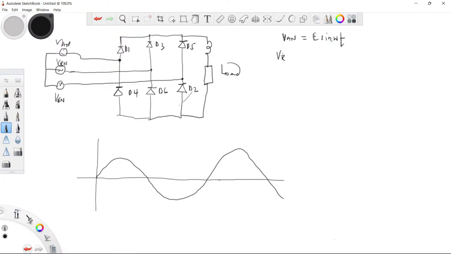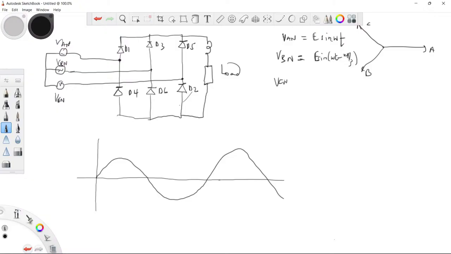Then your VBN is given by E sine, three phases like this, A, B, C. So my VBN is given by E sine omega t minus 2 pi over 3.